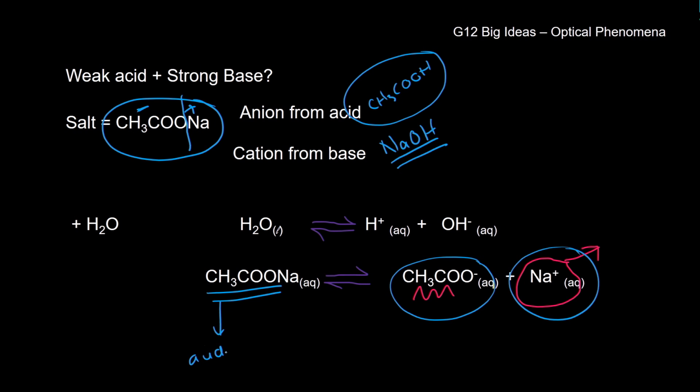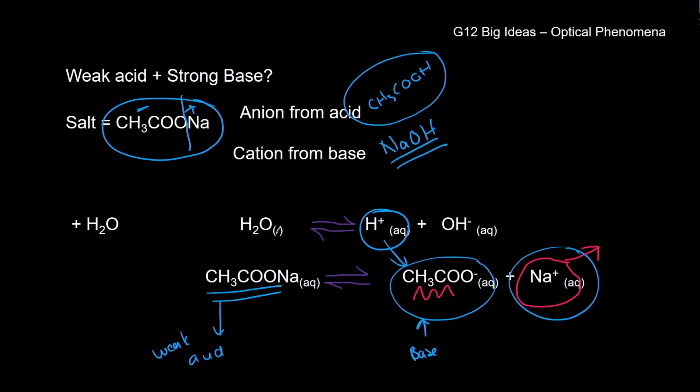The acetic acid is weak. Therefore, its conjugate base is going to be strong. So here's the conjugate base, the acetate ion, and that's going to be strong. What does it mean? It means that it's going to grab onto those protons. The H+ ion is going to be grabbed onto it.